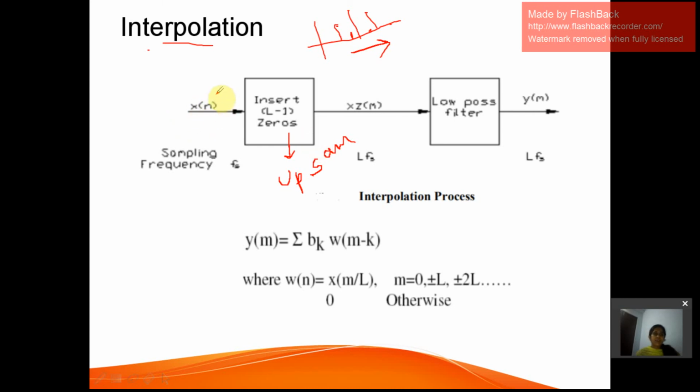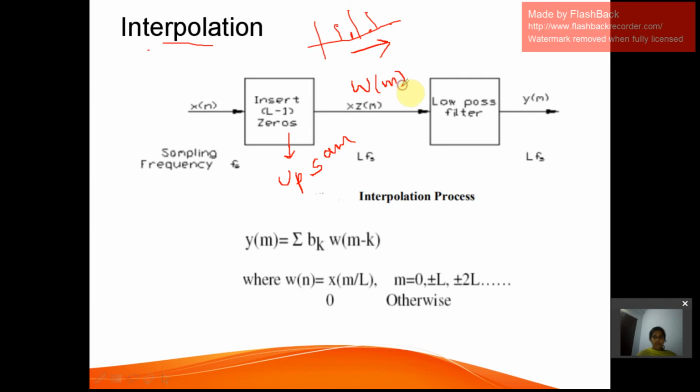We give an input x of n to the upsampler, and it increases the sampling rate of this sequence. How does it increase? It just adds zeros to the input sequence x, and you will be getting an output W of m.